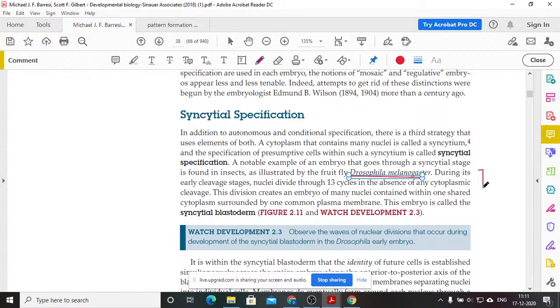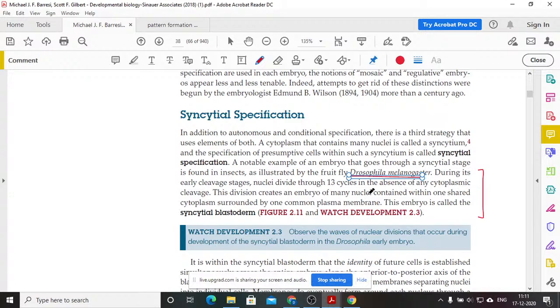During its early cleavage stages, the nuclei divide through 13 cycles in the absence of any cytoplasmic cleavage. Only the nuclei divide, 13 times. The cells are not differentiated, but inside one cytoplasm you have many nuclei present.